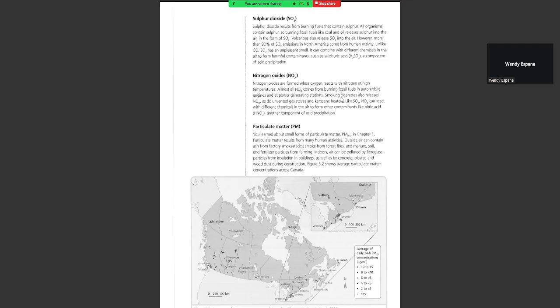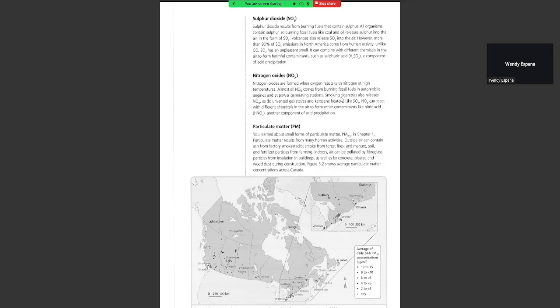And so you would know that you're producing that chemical by the smell. If you have carbon dioxide or sulfur burning, it produces sulfur dioxide. And then it can mix with moisture in the air and produce H2SO4, which is part of acid rain.